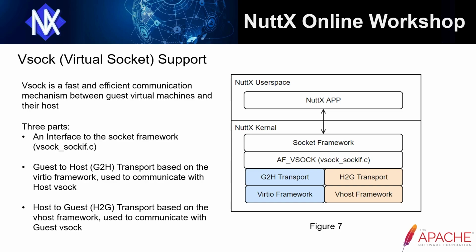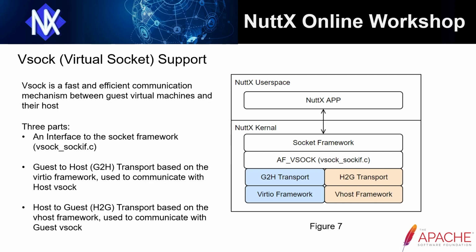The next future work is the virtual socket, or VSOCK. VSOCK is a fast and efficient communication mechanism between the guest virtual machines and the host. The right figure is the VSOCK architecture diagram. It can be divided into three parts. The first part is the interface to the socket framework, just like the Unix domain socket and the RPMsg socket in NuttX.